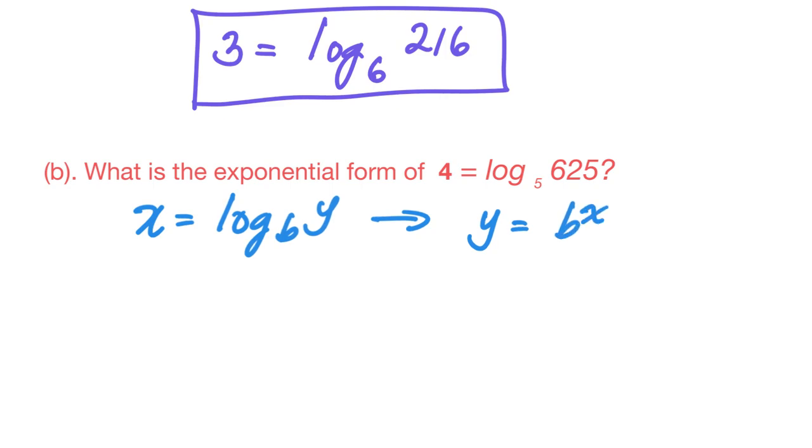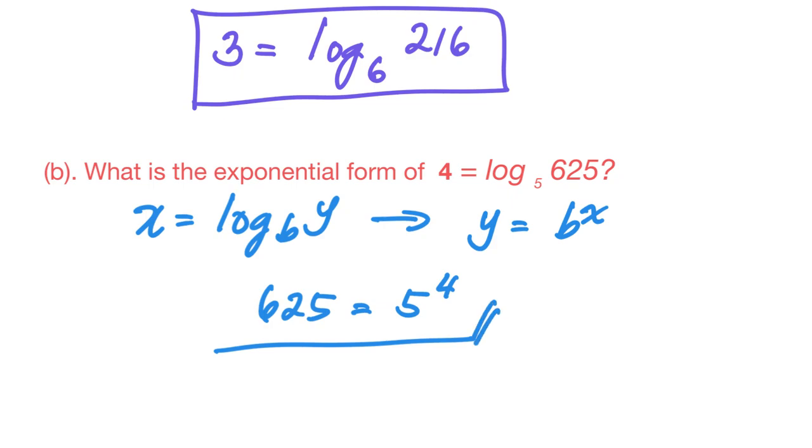Okay, given that fact, let's now transform it. So our y here is 625, our base is 5, and our exponent is going to be 4. So that's how easy it is to change from exponential form to logarithmic and vice versa.